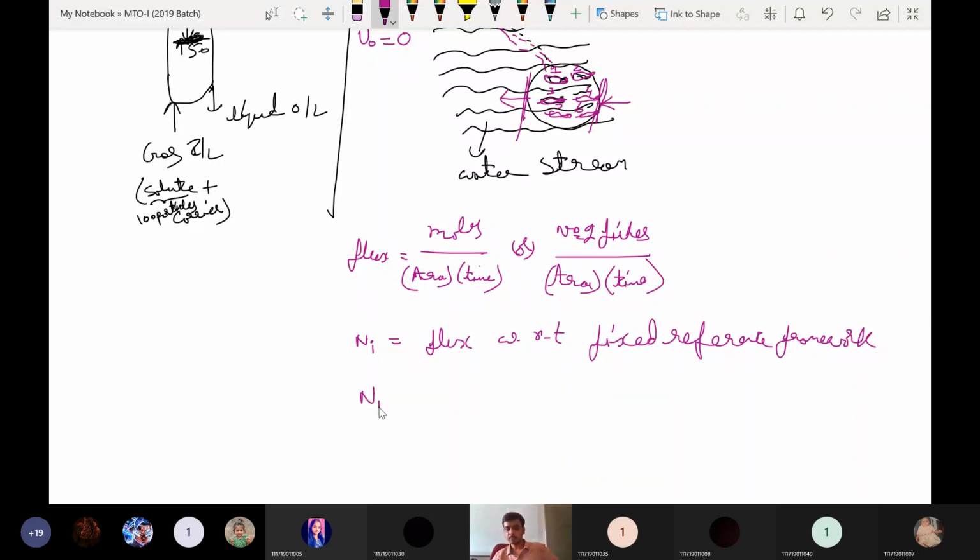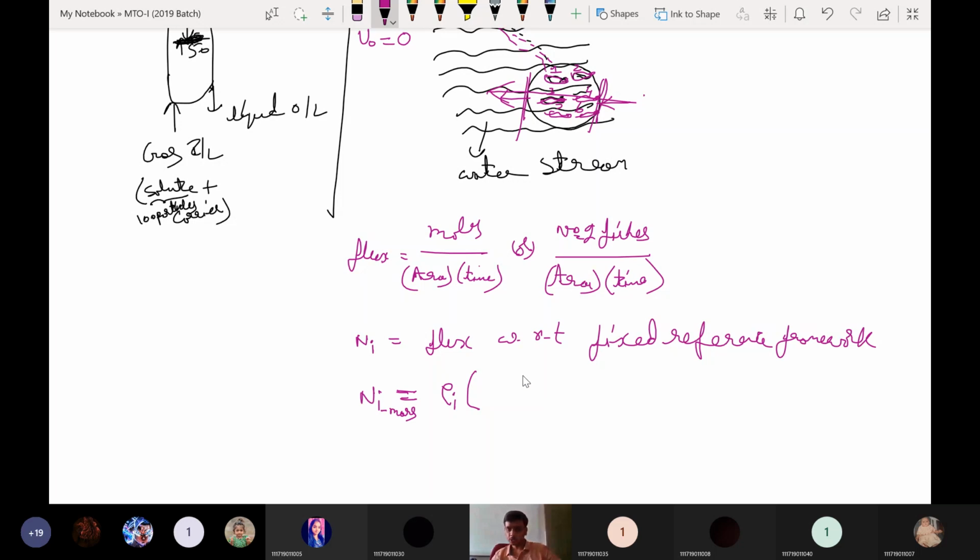Then Ni, we can define it in a normal quantity. If your flux is measured in mass, the mass flux, then mass concentration is rho i into the velocity with which the fishes are moving. Okay, fish movement is there. When there is a speed of the fish, it is coming into the control volume and leaving the control volume. If they are moving only, we can observe how many are coming inside or how many are going outside.